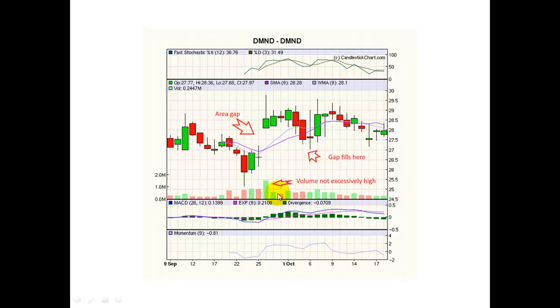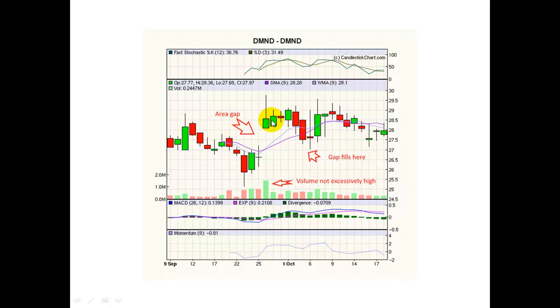And generally, it's related to volume. If the volume's not excessively high, we see the volume here is a little bit high, but it's not excessively high, we can usually be pretty certain that the gap is going to close. And that's what happens. The gap fills. Now this is useful because after a gap, the stock is at abnormally high levels.